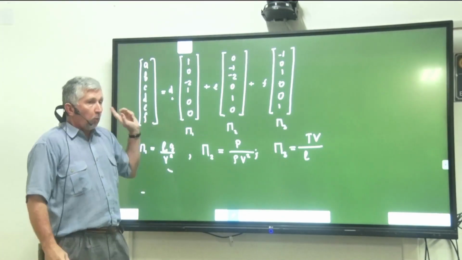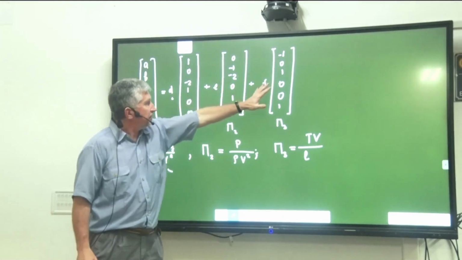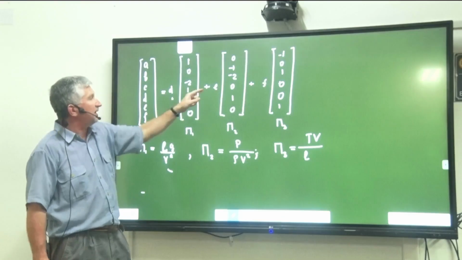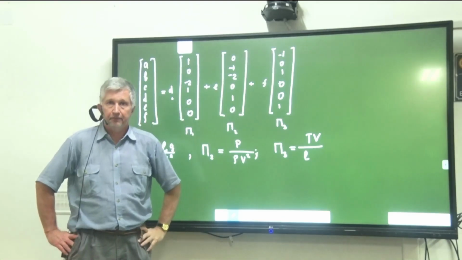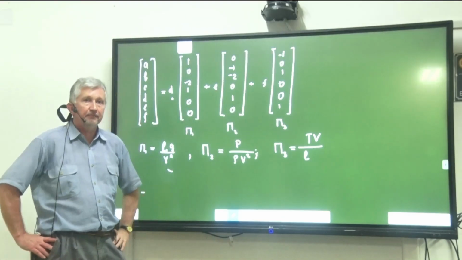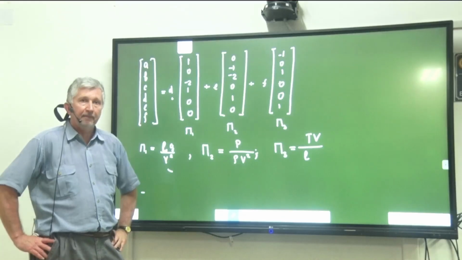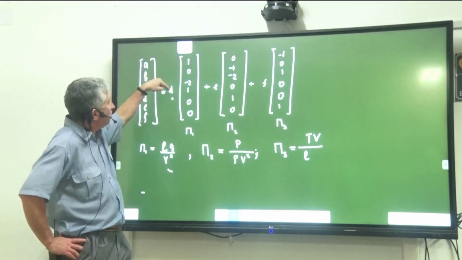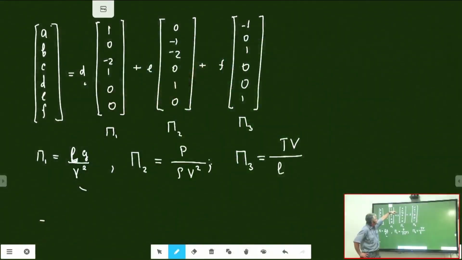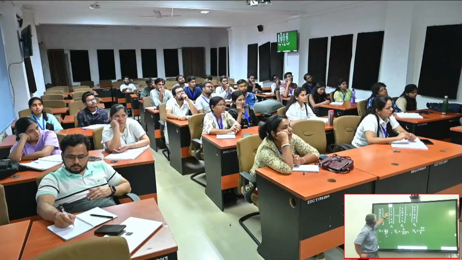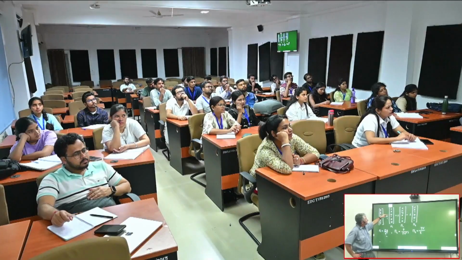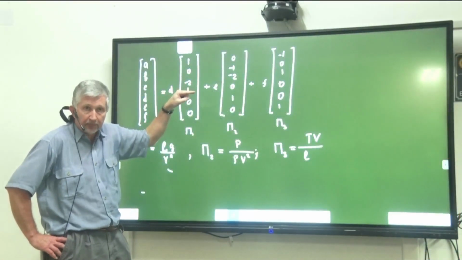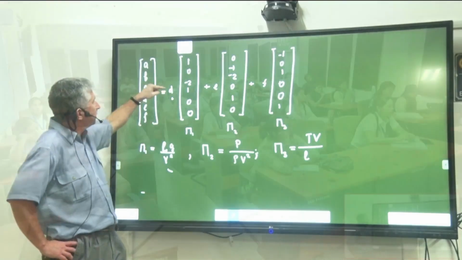Now, what if I say keep F as 0, but both D and E are equal to 1? What will happen then? Let's look at what happened with the C. If, for example, D is equal to 1 and E is equal to 1 as well, what will happen?